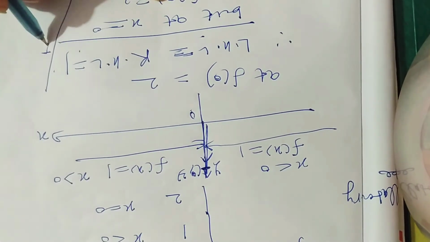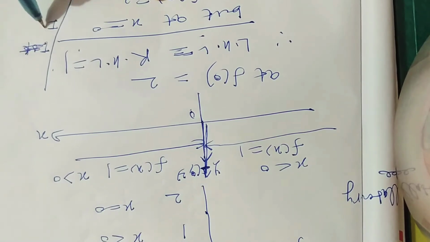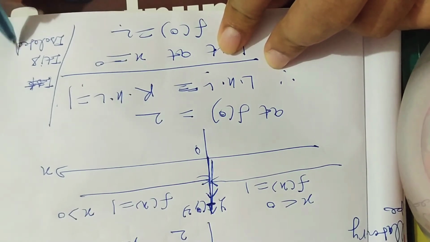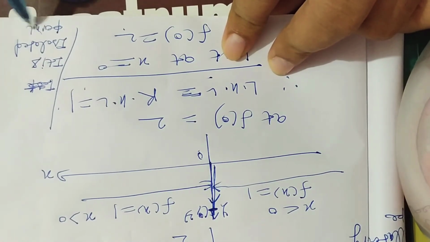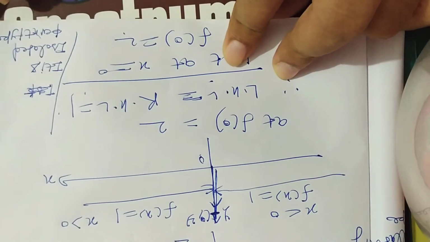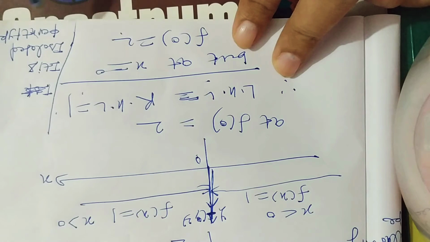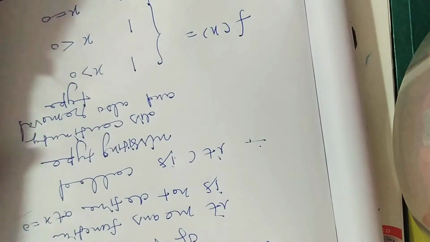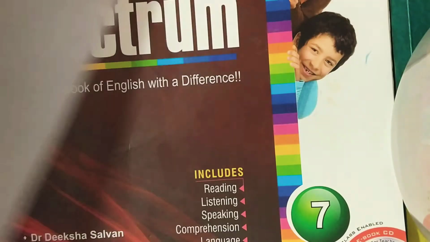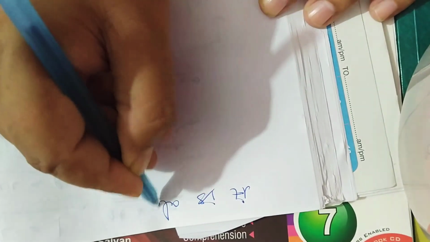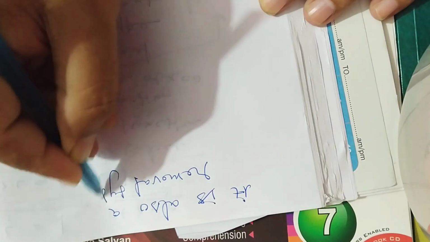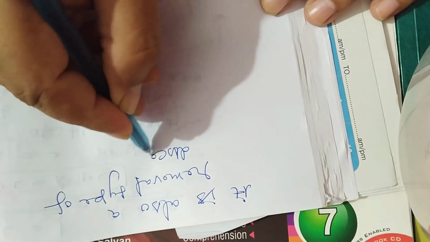Therefore it is called isolated point type discontinuity. It is also a removable type of discontinuity.